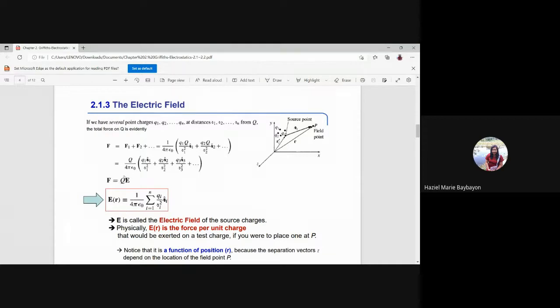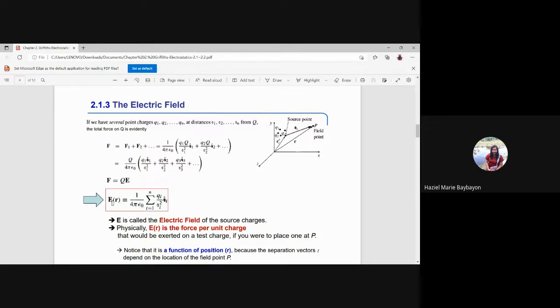Okay, so we can generalize this expression as F equals Q times the electric field. So in general, the electric field is equal to 1 over 4 pi epsilon naught.